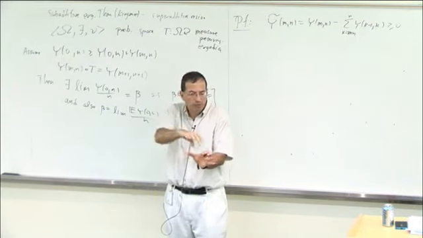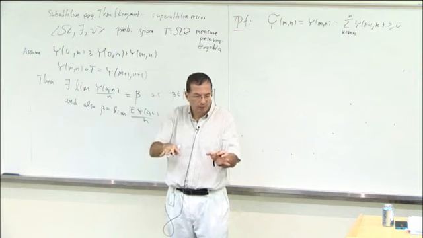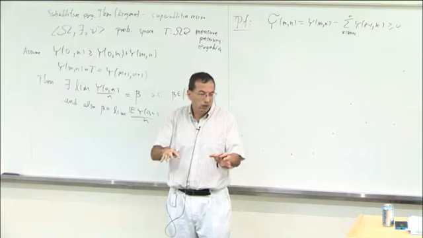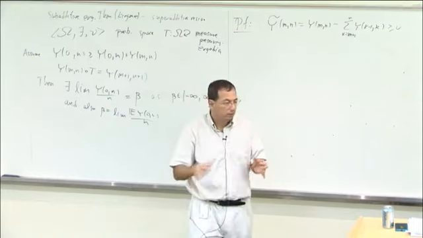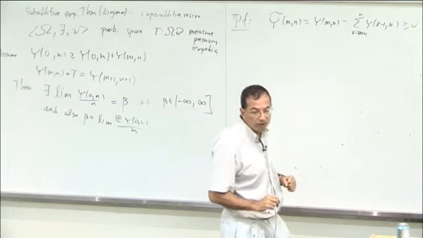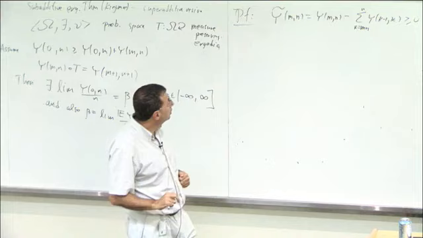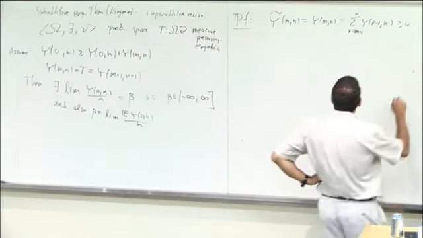If you take the interval and break it in two pieces, Y of the big interval is bigger than the sum of the Y's of the pieces. You just keep breaking it up until you get to Y on intervals of length 1. And so this is non-negative.